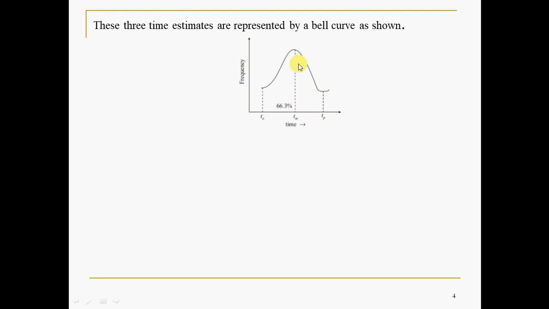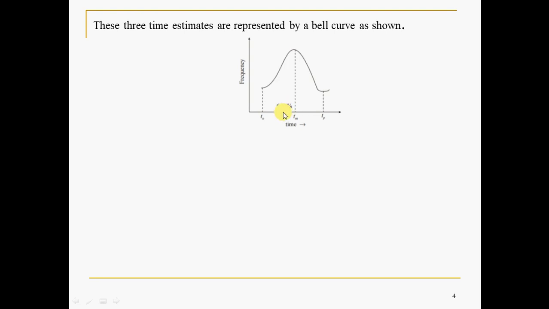Whereas the majority of the activities would be completed in the most likely time. Most likely time is the time which is considered with the normal delays. So the activity may not happen as per your wish, and it may not be delayed as you guess or expect sometimes. Fine. So normally, that is 66.3. What is the meaning of this?